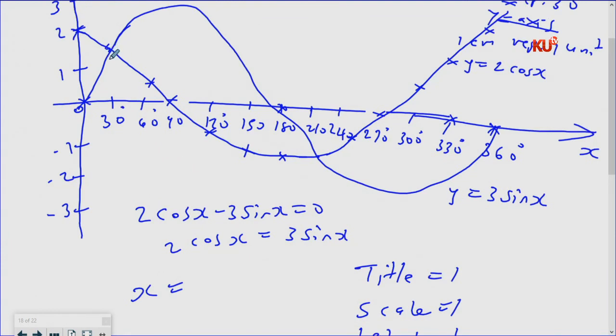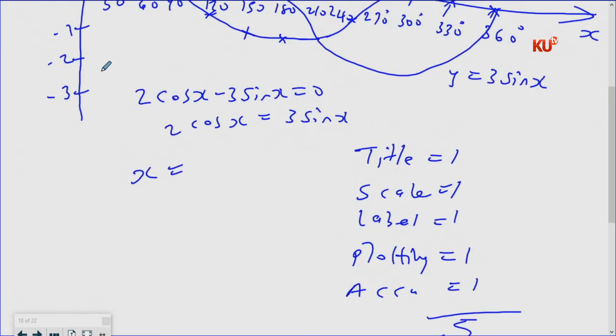Now you have to drop downwards and get the values of x. So for me, my x is approximately 30 degrees. But for your case, it could be 28 or 29 or 31 or 32, depending on your accuracy. So mine, I'll guess it's 30 degrees.